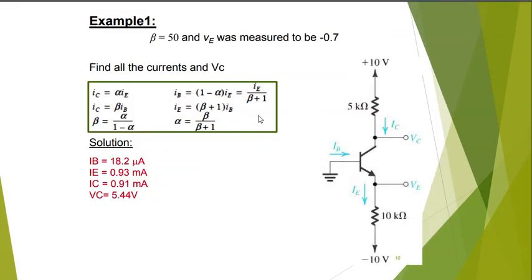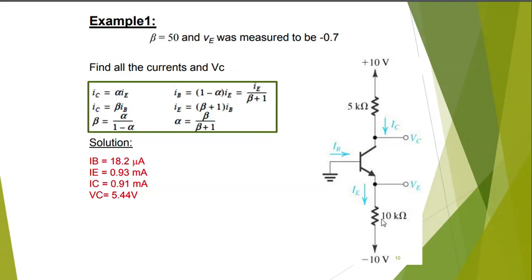Let's quickly look at this example. Imagine you have this transistor. What kind of transistor is this? NPN, right? The arrow is down. Imagine you have connected the collector to 10 volts, and there is a resistor at the collector.